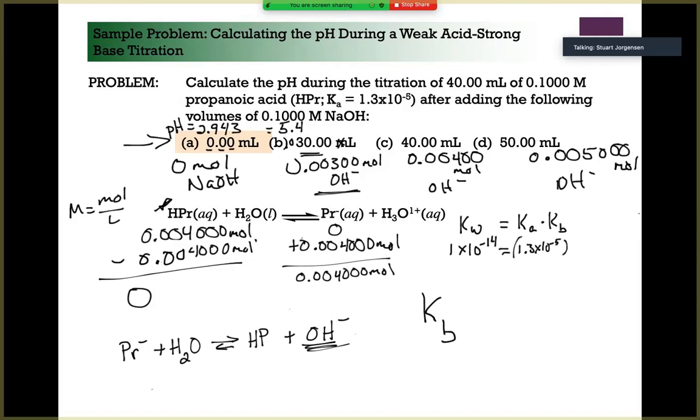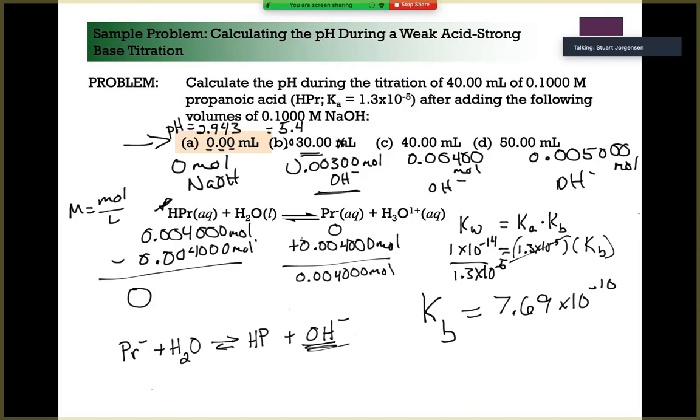So we can divide over our 1.3 times 10 to the negative 5th and solve for just the Kb. That's 1e to the negative 14th divided by 1.3e to the negative 5th. Our Kb is going to be 7.69 times 10 to the negative 10th.